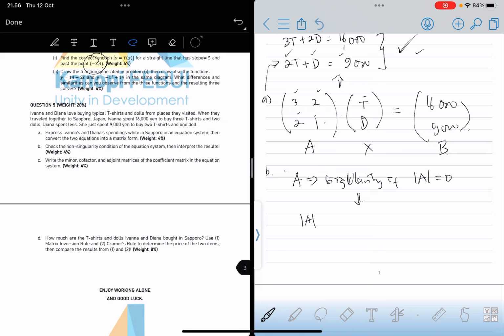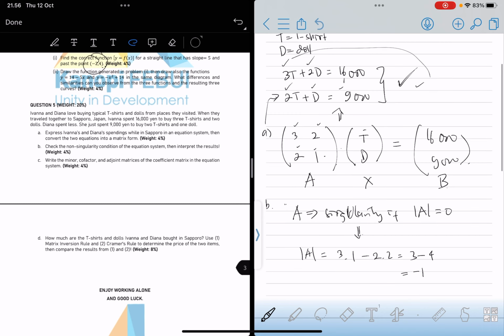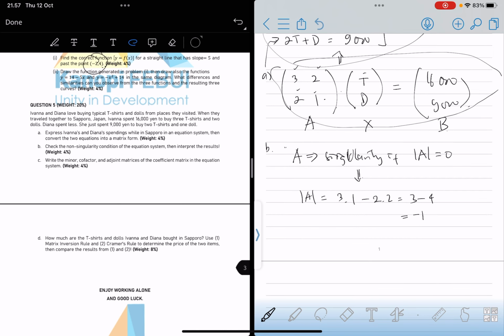So you know that the determinant of A is 3 times 1 minus 2 times 2. So 3 minus 4, which is minus 1. So we know that the matrix A is non-singular. So the system of equations has a unique solution.